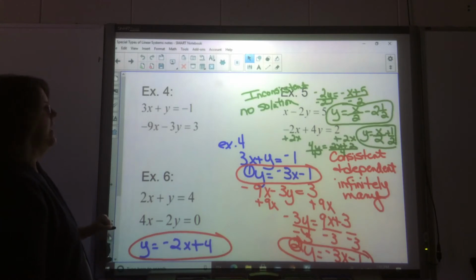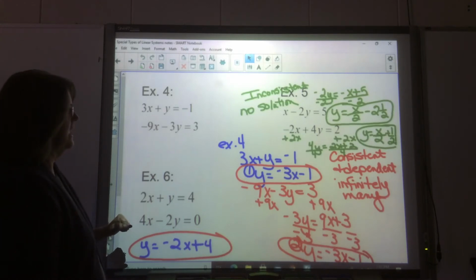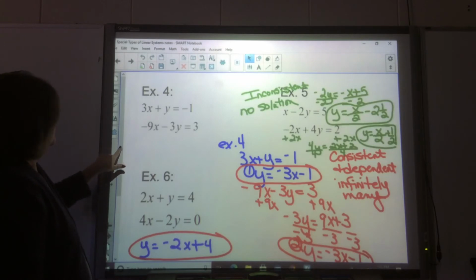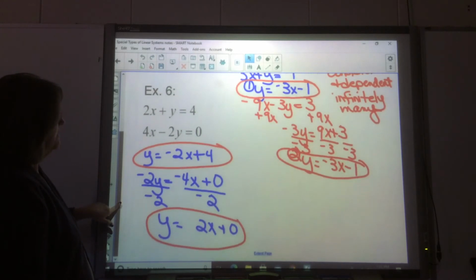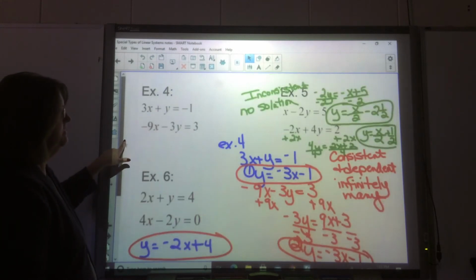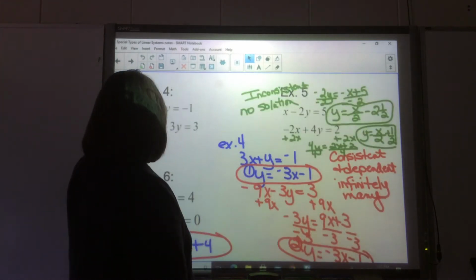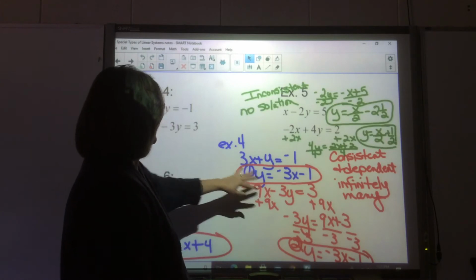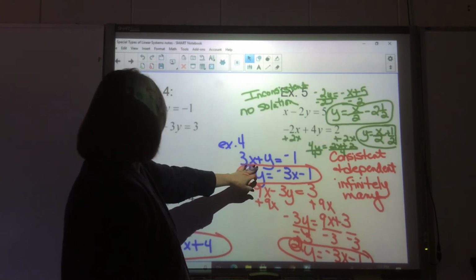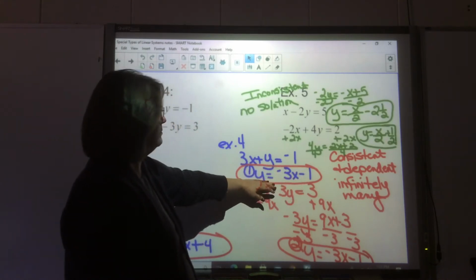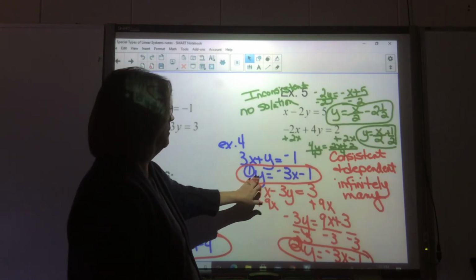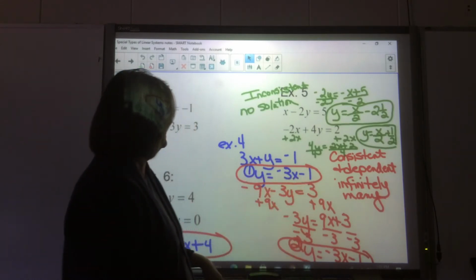Now, I have these up here because we're looking at them algebraically, or just putting them in y equals format. If you'll notice, I skipped this one, so we'll do it right here. Example number 4, 3x plus y equals -1. When you put it in slope-intercept form, you get y equals -3x minus 1.